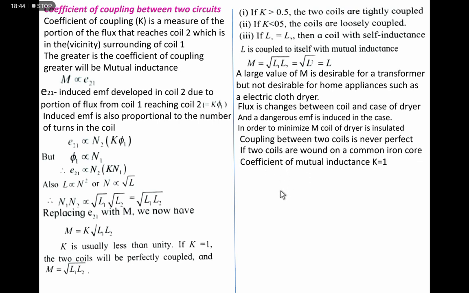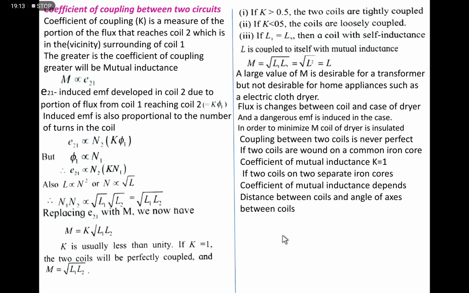If two coils are wrapped with non-conducting material, then you can minimize the coupling. The coefficient of coupling K is equal to 1 for perfect coupling.